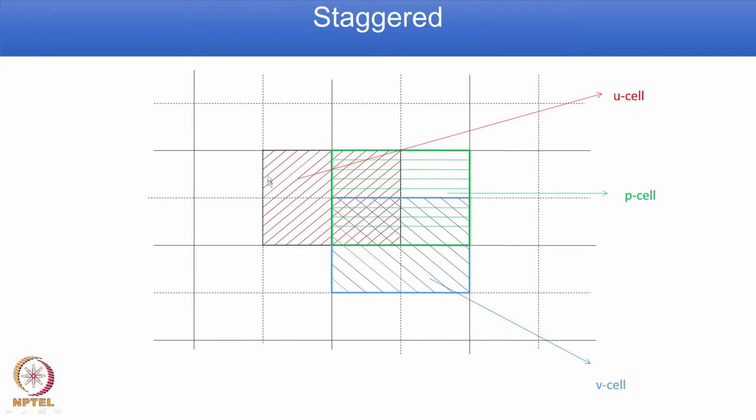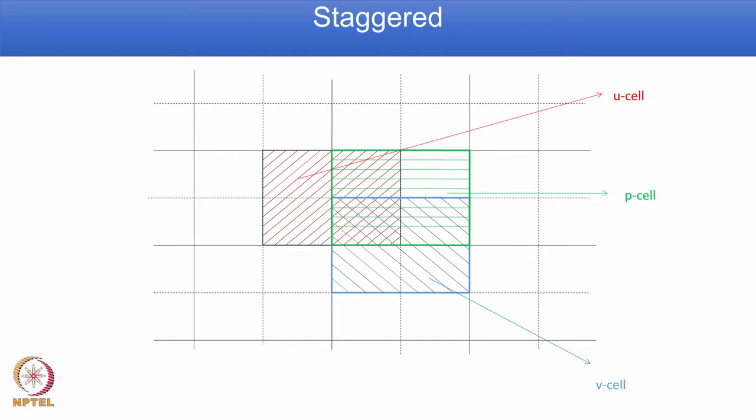What is shown here is first the U cell, marked in red color at one location, then the V cell marked here, and then the P cell marked here. So, each variable is stored at a different location, and the pressure cell is at a different location.